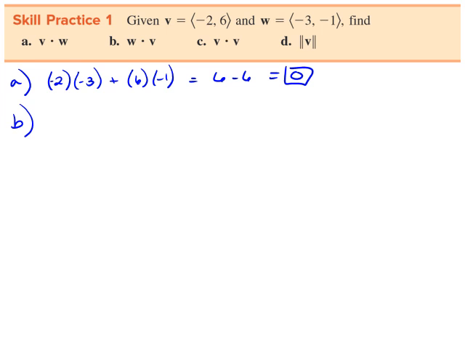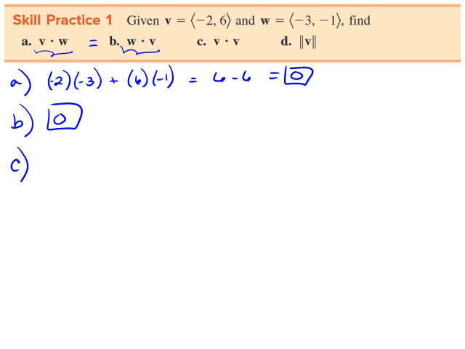Now in B, notice that I have V dot W and W dot V. These two should be equal to one another according to the first property on the previous slide. So this is also 0 based on property 1 of dot products.